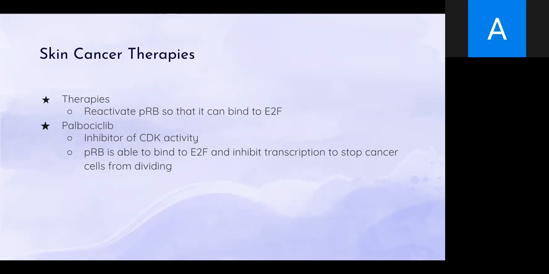When we talk about phosphorylation, like I said, we mean the addition of amino groups to proteins, and hypo means less, hyper means more. So we're trying to go back to that hypo state where it's less and we're dephosphorylating. PRB is also able to bind to E2F and inhibit those transcription factors, stopping those cancer cells from dividing.